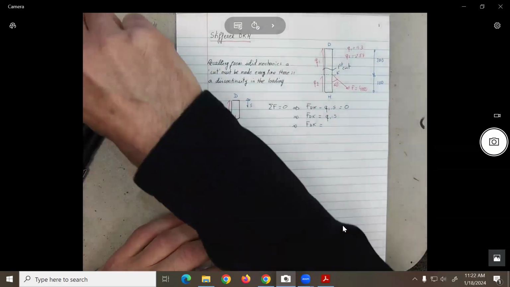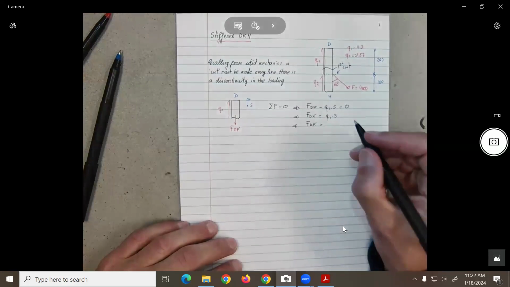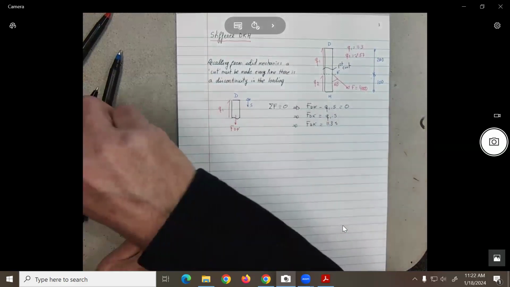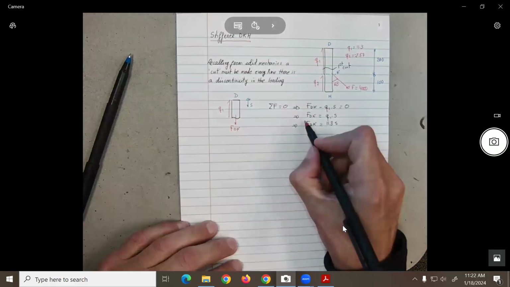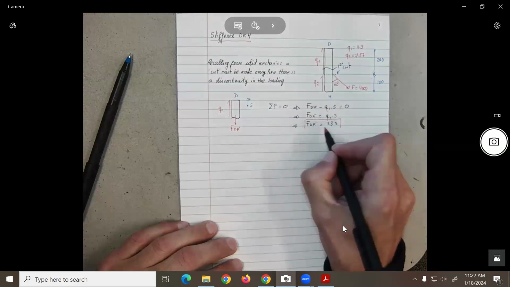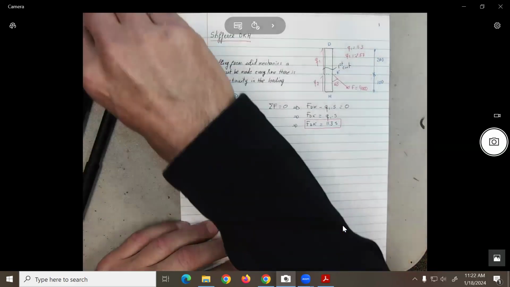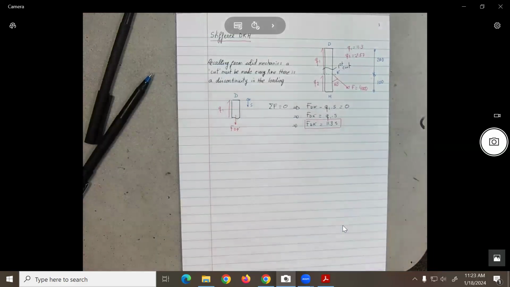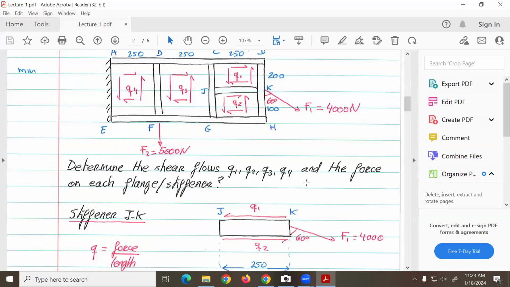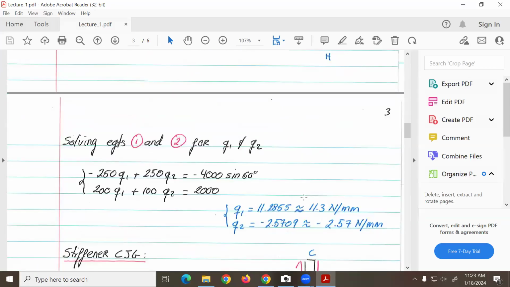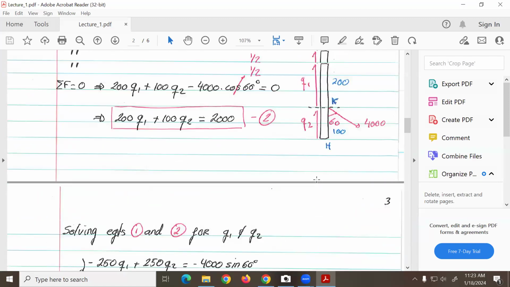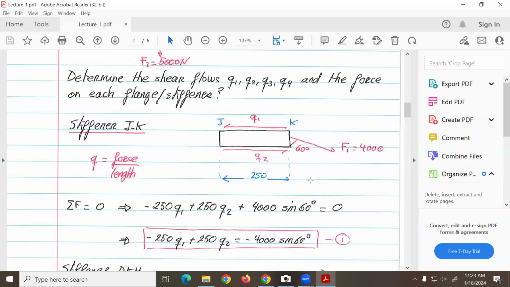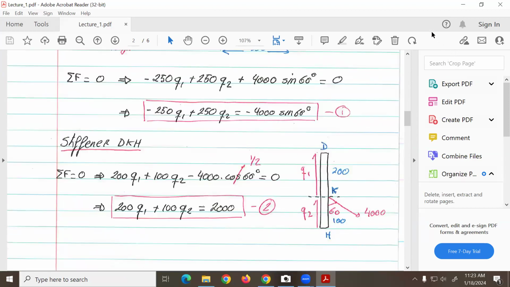So this will give you that FDK is equal to 11.3 S. I don't have the pages with me from last time, I only have the PDF. So yeah, Q2 was minus 2.57.